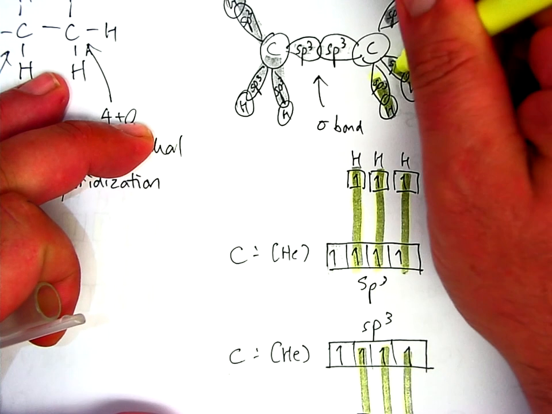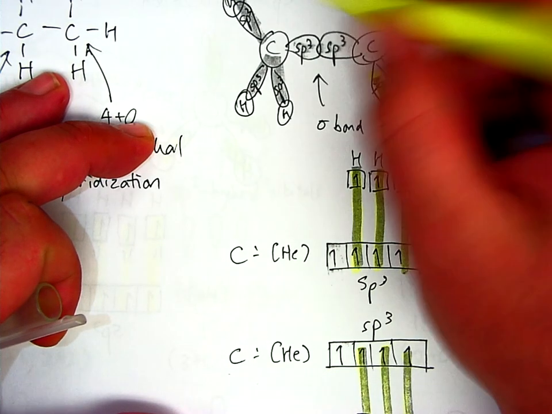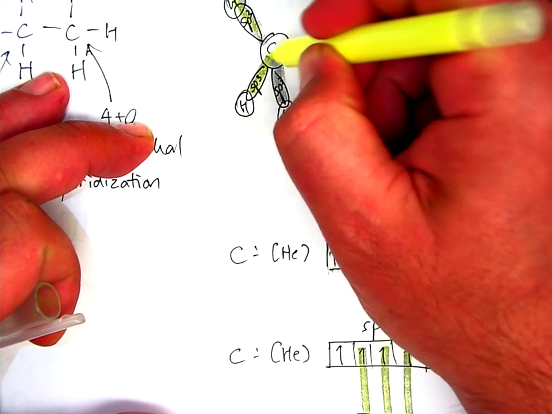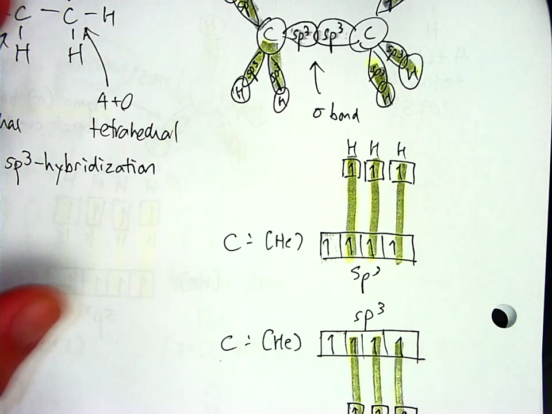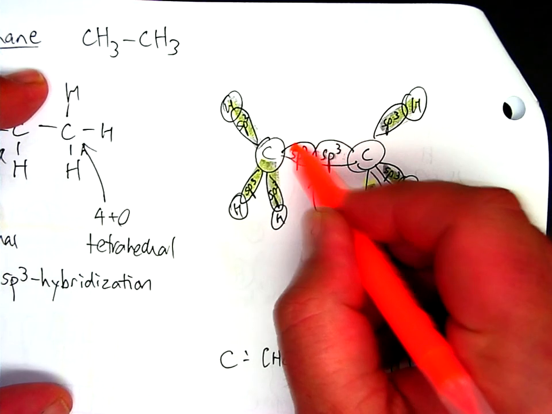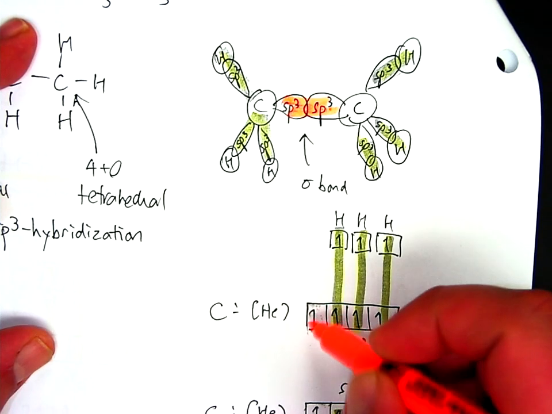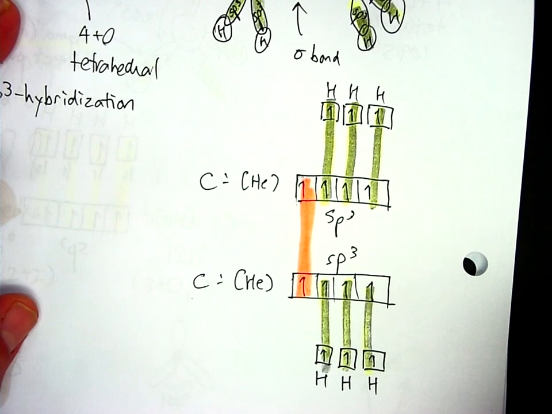We got 3 sigma bonds to hydrogen on each of the carbons. 1, 2, 3 sigma bonds. But then additionally, we have a sigma bond between the 2 carbons, and those are achieved by overlap of each of their sp3 hybrid orbitals. So again, another sigma bond holding these carbons together.